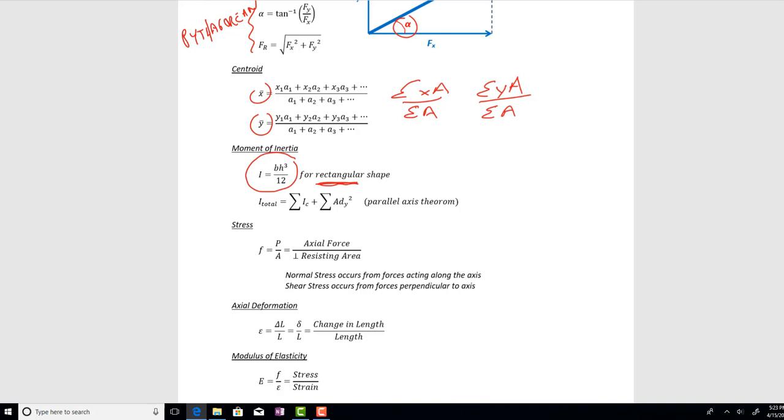Similarly, if we needed to account for any offset, with the centroid not passing through the composite shape neutral axis, then we'd also have to use the parallel axis theorem, where the moment of inertia values from the equations all get summed together, but we also have to account for the distance away from the neutral axis that these lie. And I'll let you run back and go through that.